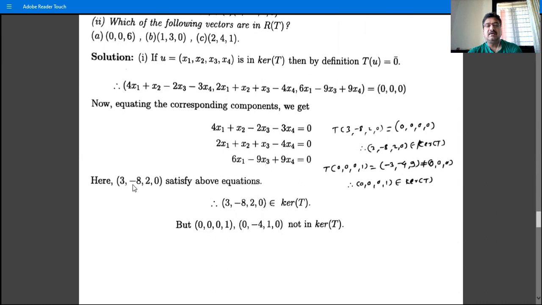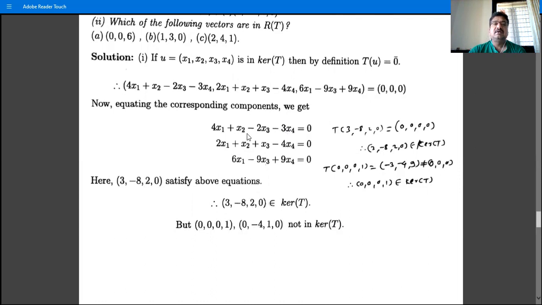So here (3, -8, 2, 0) satisfies the above equations. That is, when we substitute x1, x2, x3, x4 as 3, -8, 2, 0, all these three equations are satisfied, and therefore (3, -8, 2, 0) belongs to the kernel of T. But the other vectors do not satisfy these equations, and so these two vectors do not belong to the kernel of T. So this is the first method.